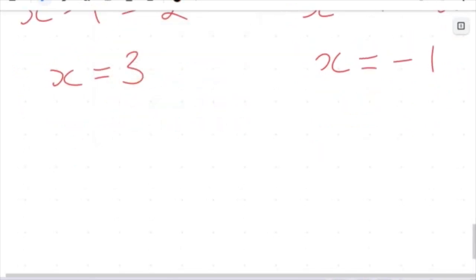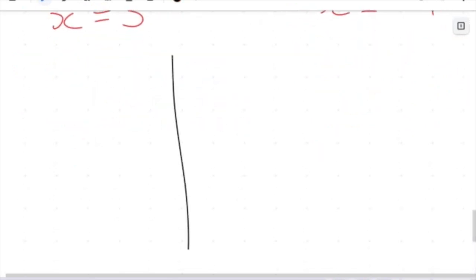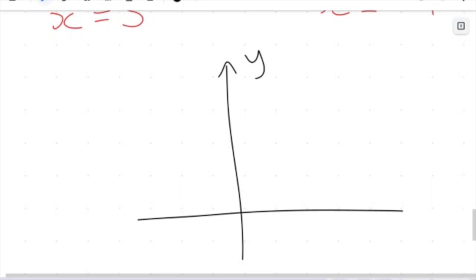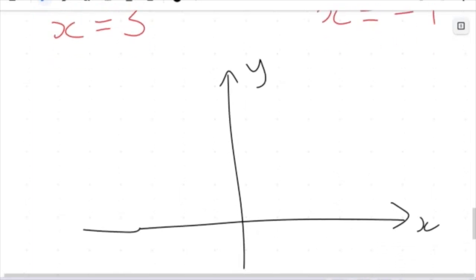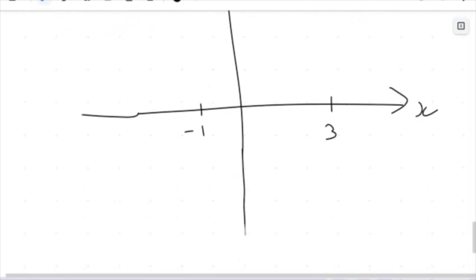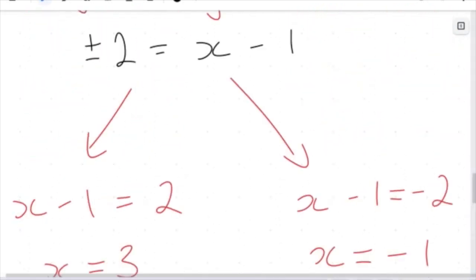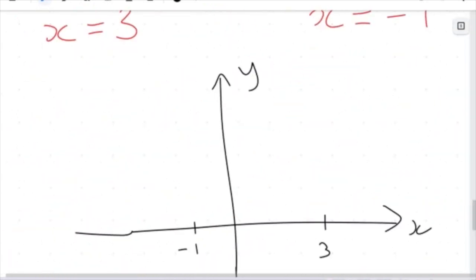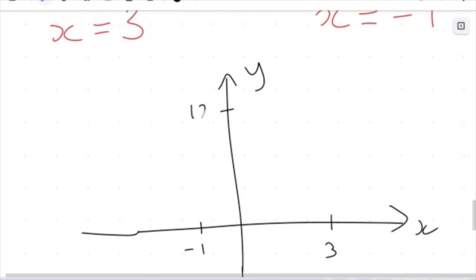So if I wanted to quickly sketch this, let's actually center this. I have a y, I have an x. I have x-intercepts at 3 and negative 1. And I have a y-intercept at 12, I think it was. Yep. A y-intercept at 12.